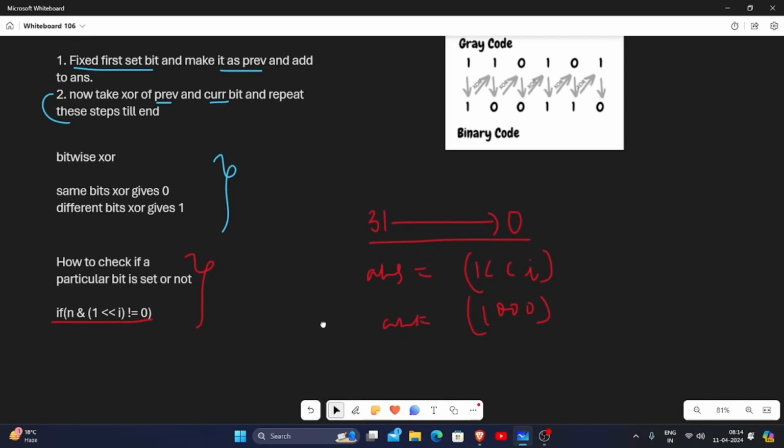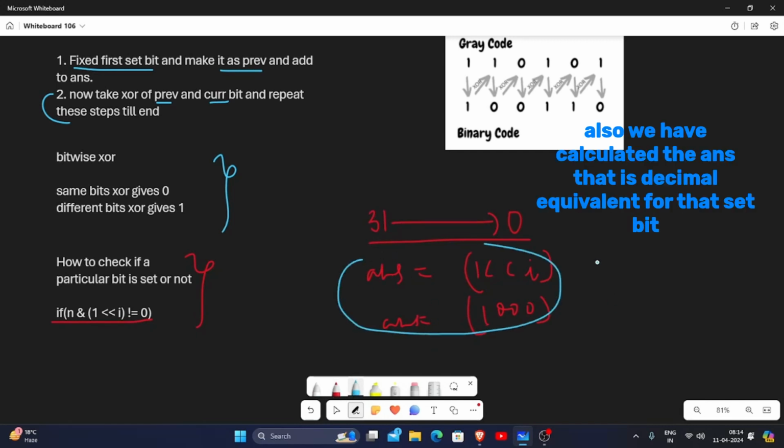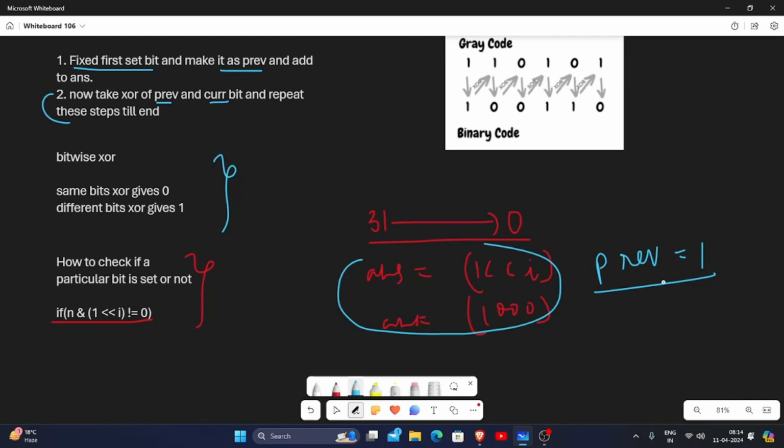what we need to do, so I have found this bit as a set bit. So now I know my previous is equal to 1. Why? Because this bit is set, so previous is 1. And in the upcoming steps, I just have to check whether my next bit, the coming bit, is set or not.